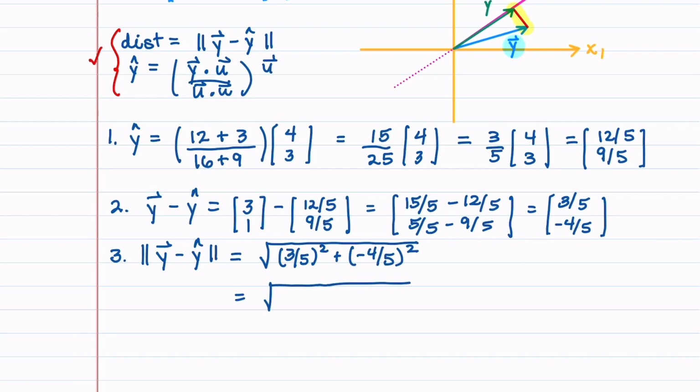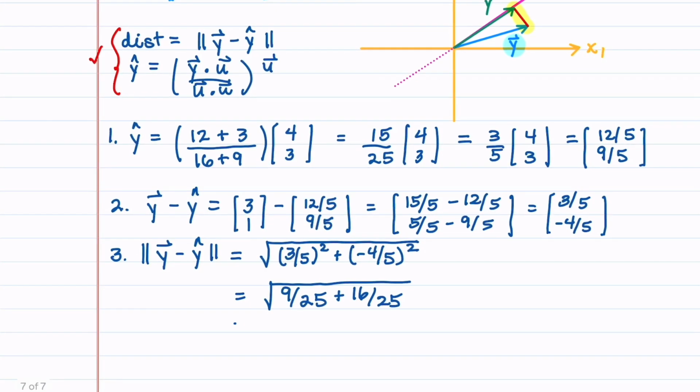This is going to be the square root of 9 divided by 25 plus 16 divided by 25. Oh, look at that. We end up with the square root of 25 divided by 25, which gives us a final answer of 1. This tells us that the distance from y to the line through u and the origin is just equal to 1.